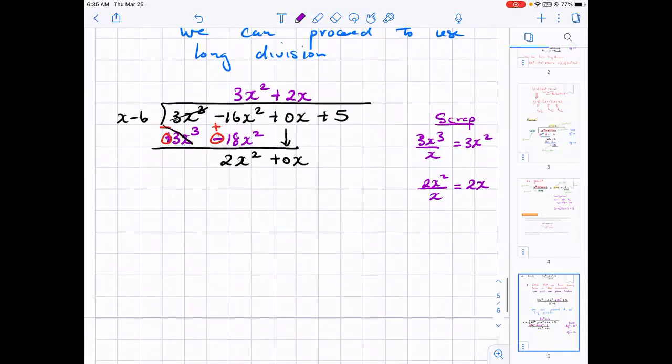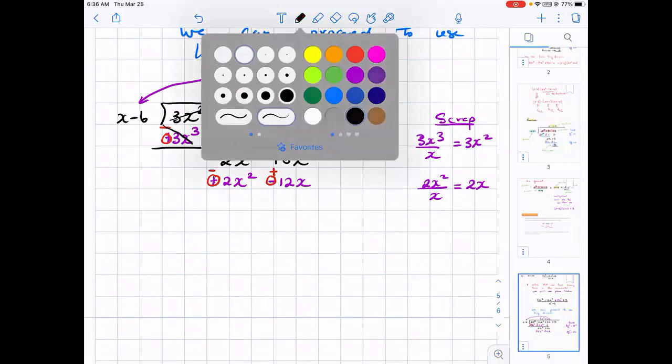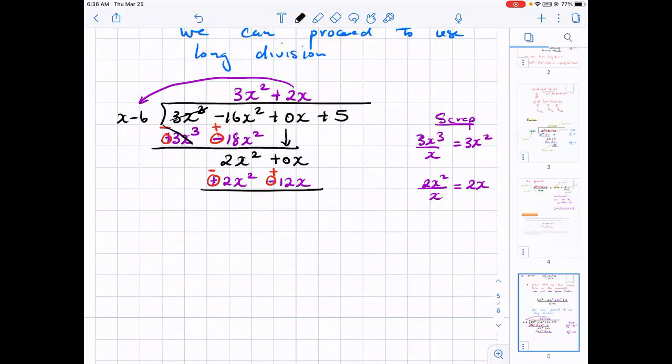And don't forget, we have to now distribute x minus 6 by 2x. So 2x times x becomes positive 2x squared, and 2x times minus 6 becomes minus 12x. Remember, the sign has to be changed, so that becomes a minus, that becomes a plus. So this becomes 12x, and then this will cancel out with this. And we now bring down the plus 5.